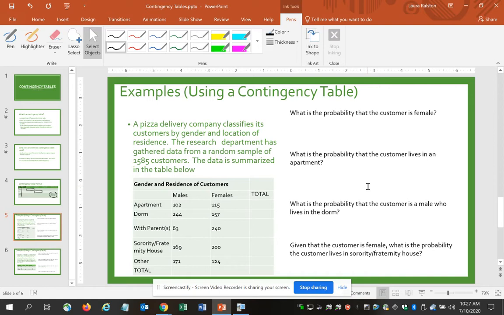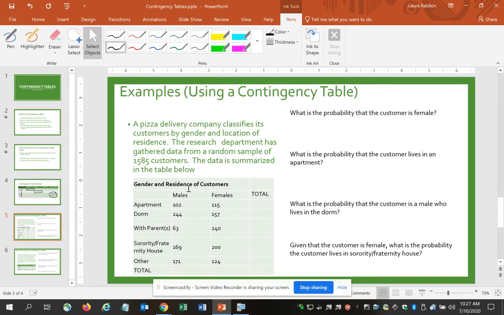It says, a pizza delivery company classifies its customers by gender and location of residence. The research department has gathered data from a random sample of 1,585 customers. The data is summarized in the table below. Okay, and so you have a contingency table there.